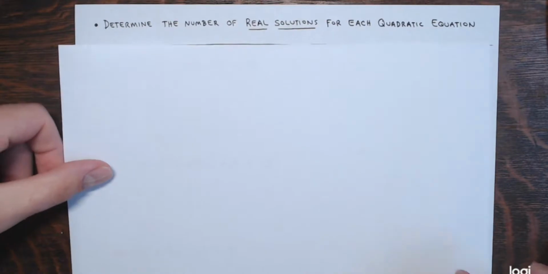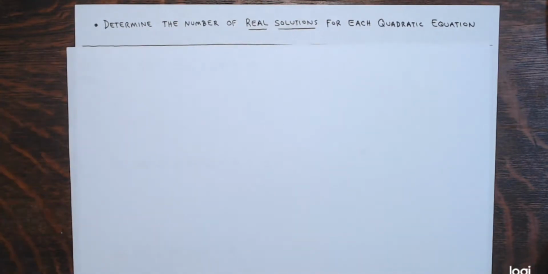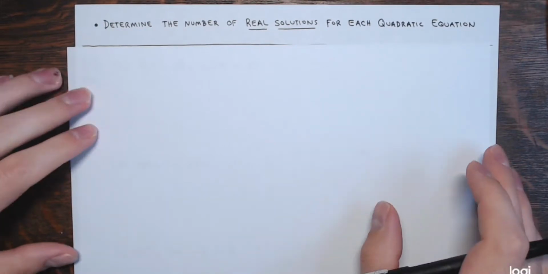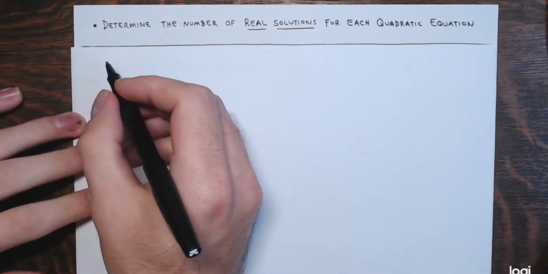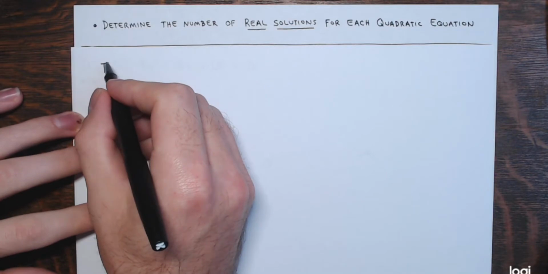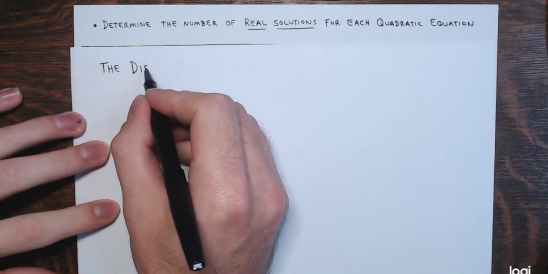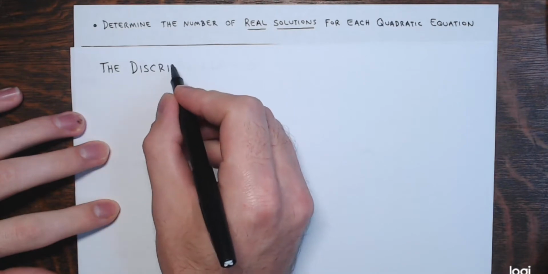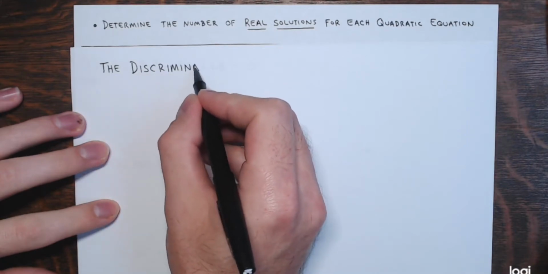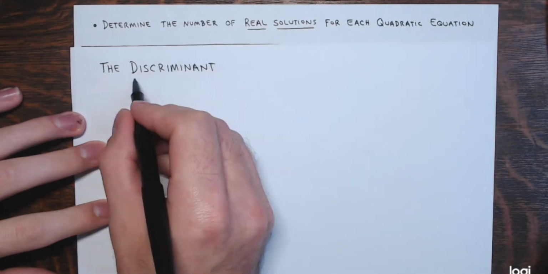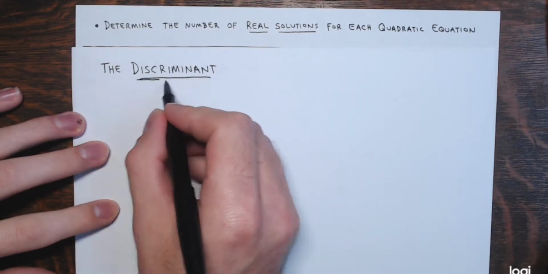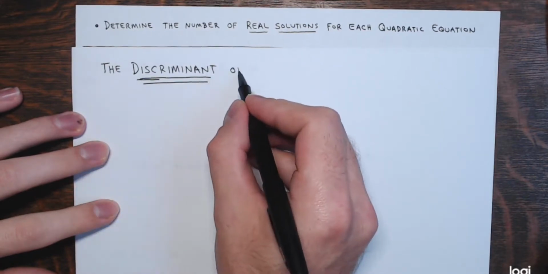They just want to know how many real solutions the quadratic equation will have. So this is going to involve something called the discriminant of a quadratic equation.